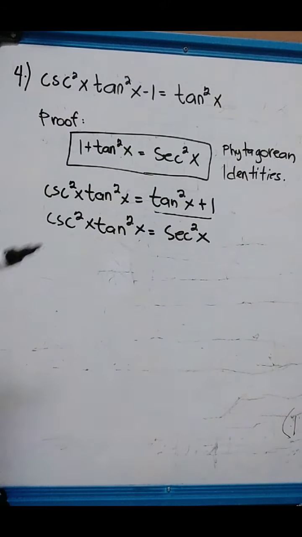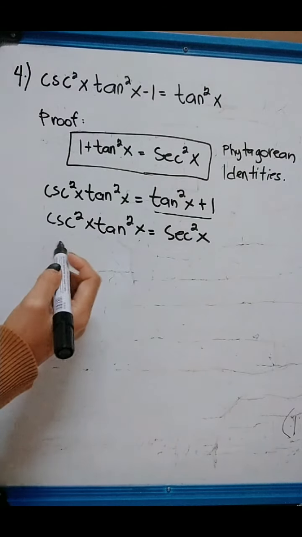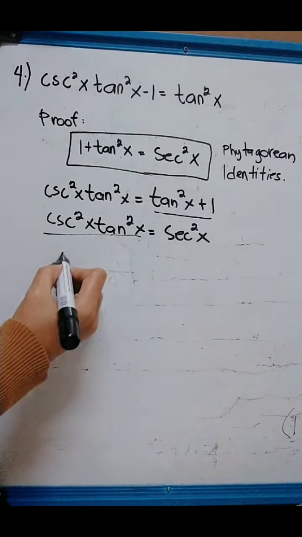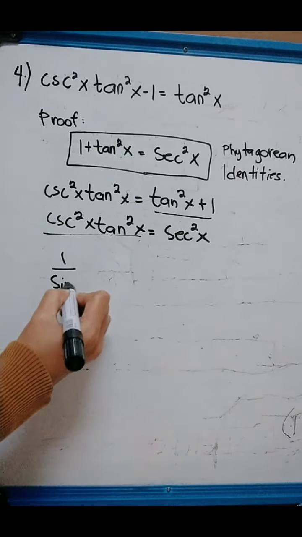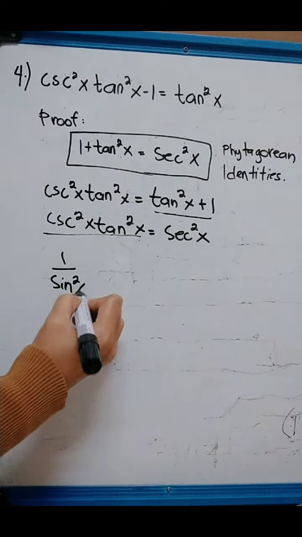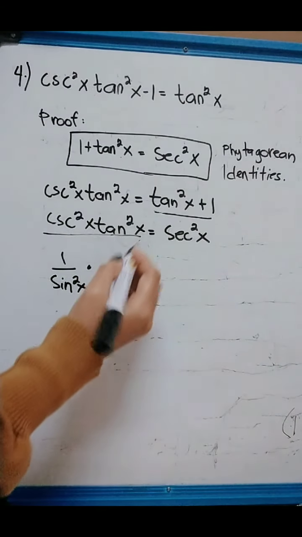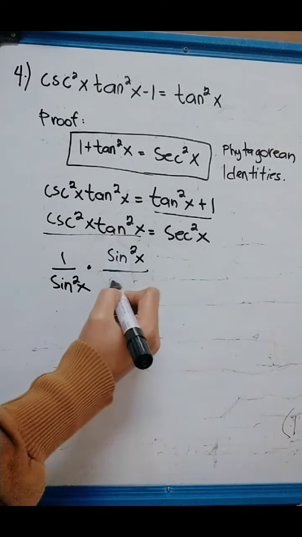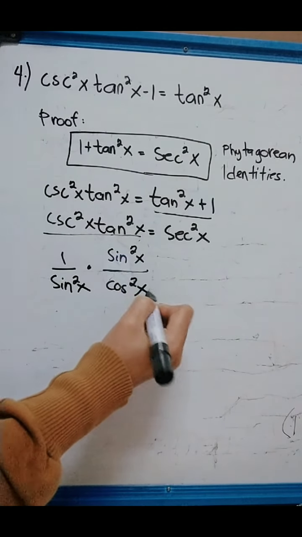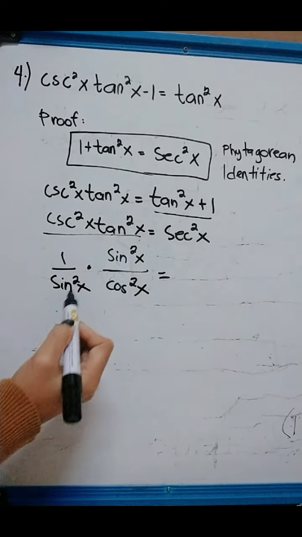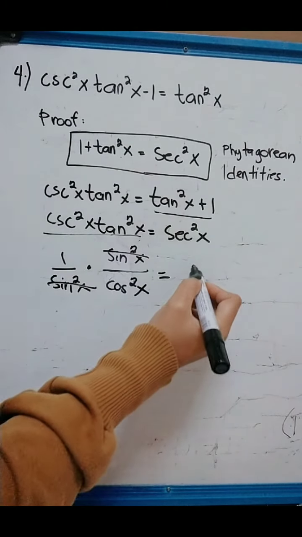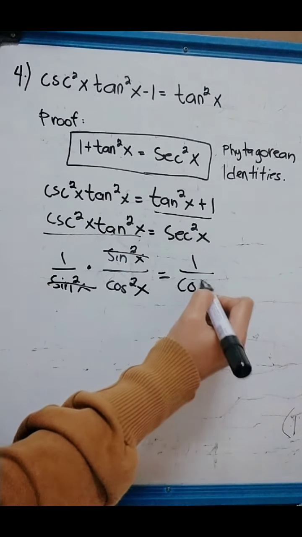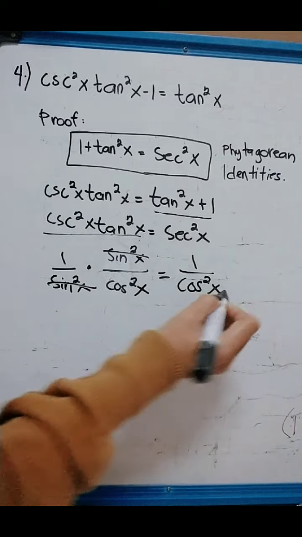And then our equation, cosecant squared x is equal to 1 over sine squared x, and times tan squared x is equal to sine squared x over cosine squared x. And then cancel out, so what remains is 1 over cosine squared x.